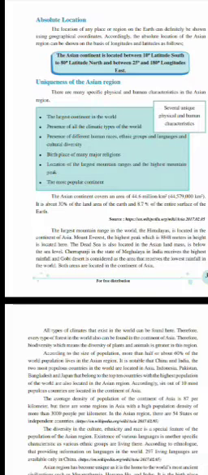So this is also a physical feature. When we talk about this, the largest mountain range in the world is the Himalaya. It is located in Asia. And the highest peak, Mount Everest, is about 8,848 meters. It is also located in the Himalayan mountain range.